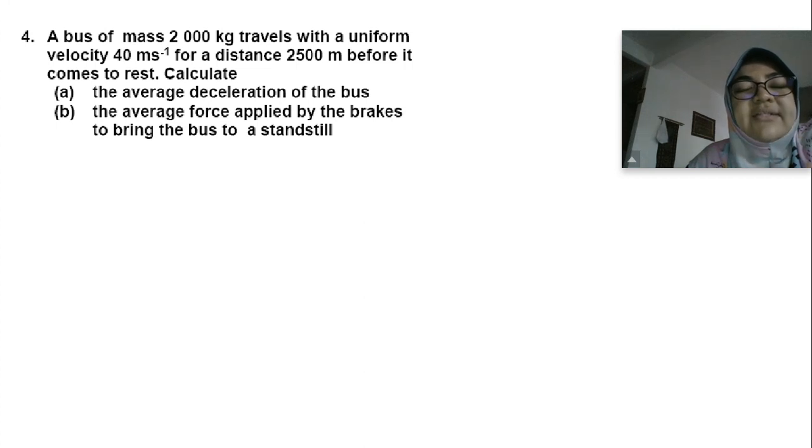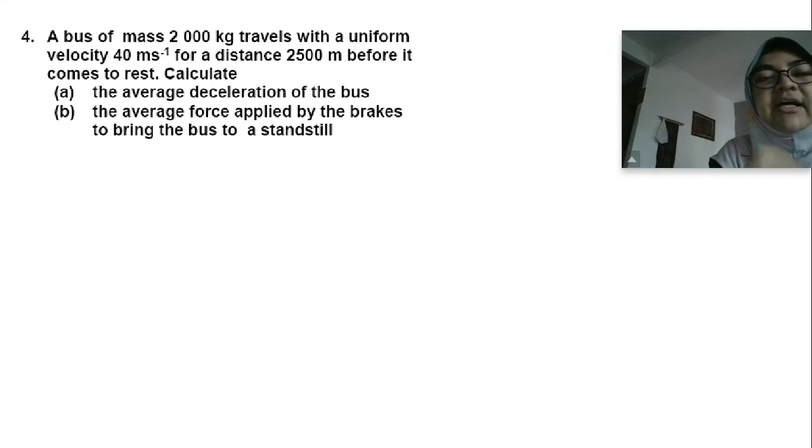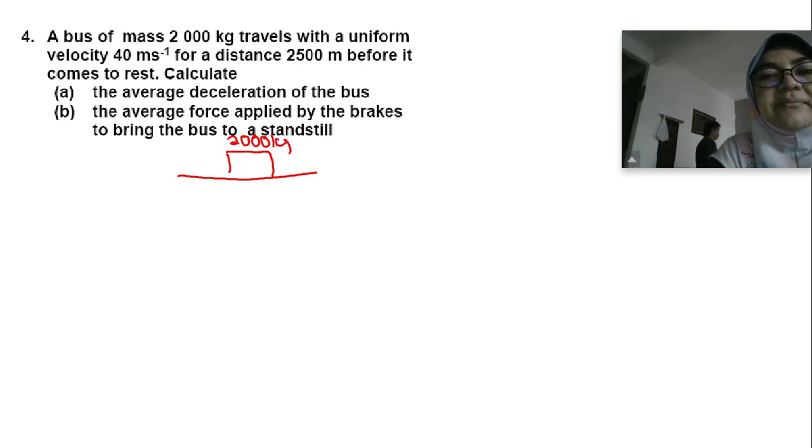A bus of mass 2000 kg travels with a uniform velocity of 40 meter per second for a distance of 250 meter before it comes to rest. Calculate the average deceleration of the bus. Okay, so we have a bus with 2000 kg.